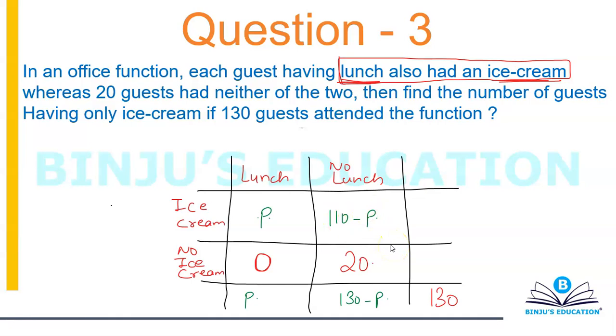Which means if you add these, this will become 110, and this here will basically be 20. So the question is, find the number of guests having only ice cream. So this is that value. So any value from 0 to 110 will be your answer.